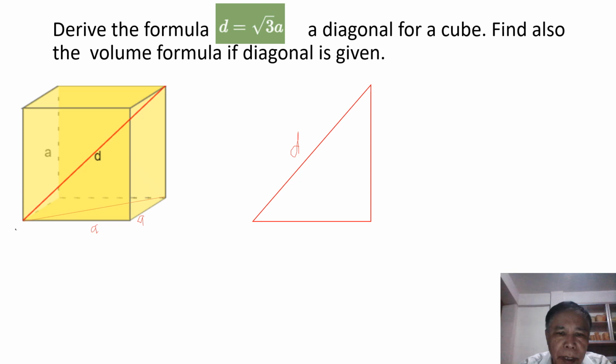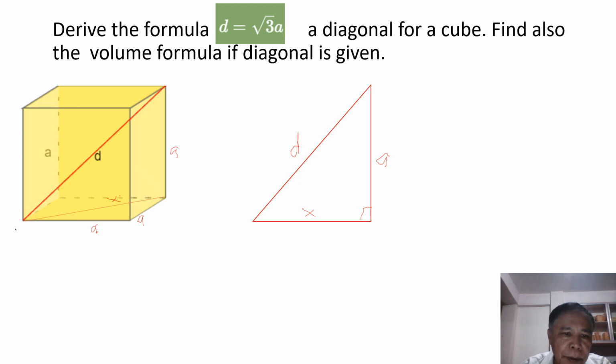So this one is a. This point here, D, this one is a. So this one would be 90 degrees. Let this one be x, this one x.